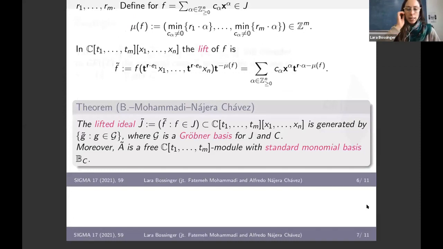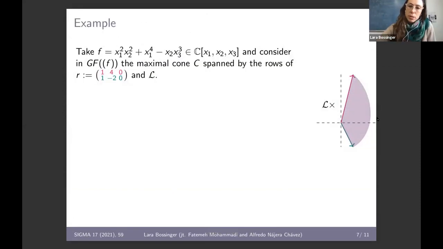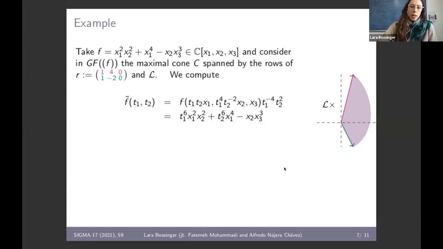Okay, so let's look at the example that was on a few slides before. This is our element F, and we consider this purple cone in the Gröbner fan, whose primitive ray generators are these (1, 4, 0) and (1, -2, 0). Then we can just do the construction as before.